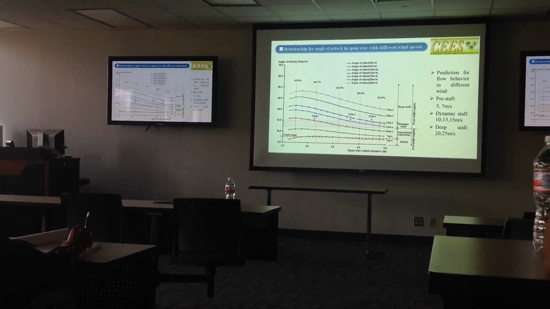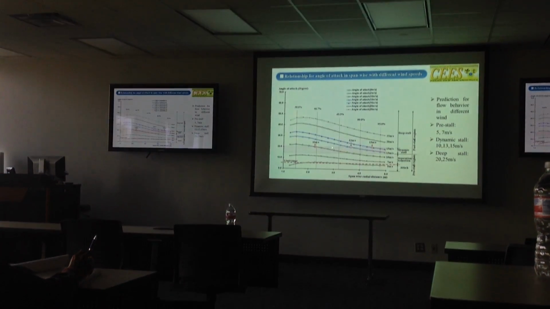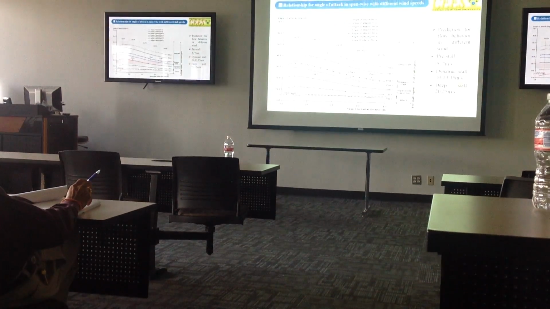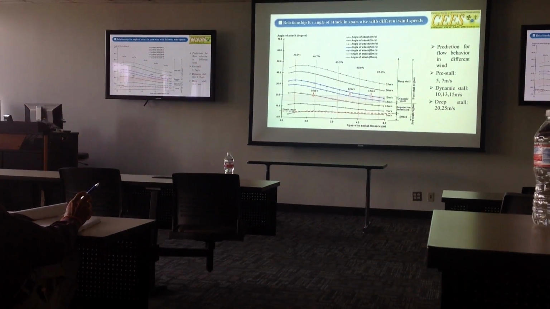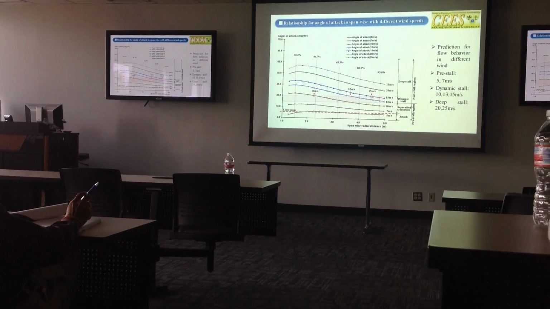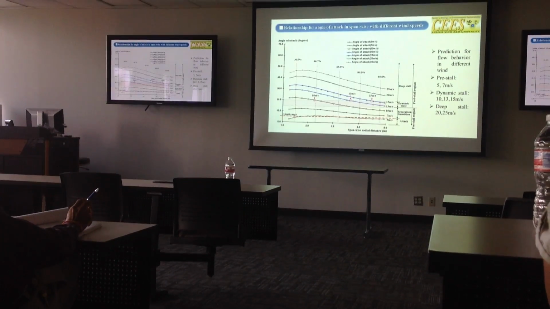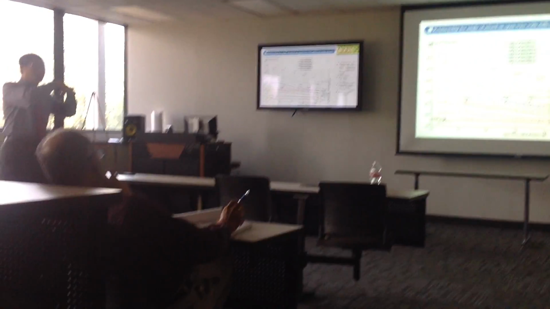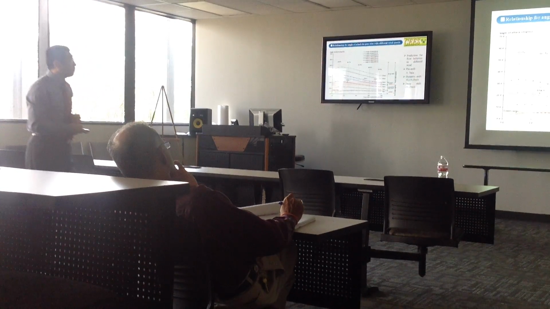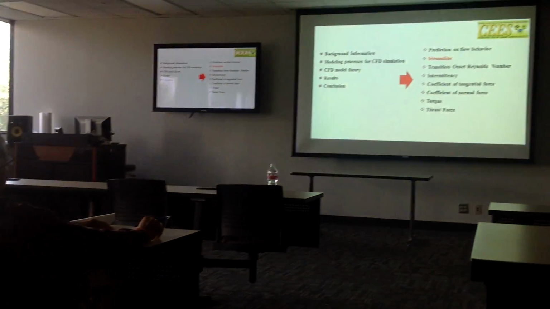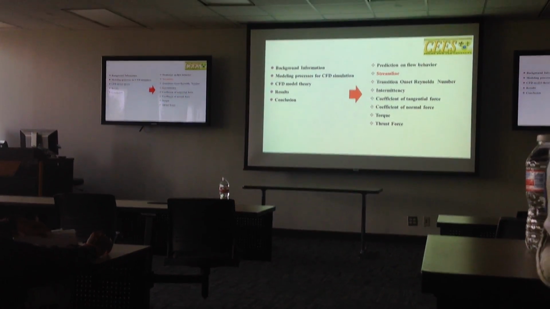These 3 points we will mention in the later results. And the 25 meter per second case is totally in the deep stall region, which means for this speed, the flow on the blade will be totally detached or separated. This is our prediction for the flow behavior.